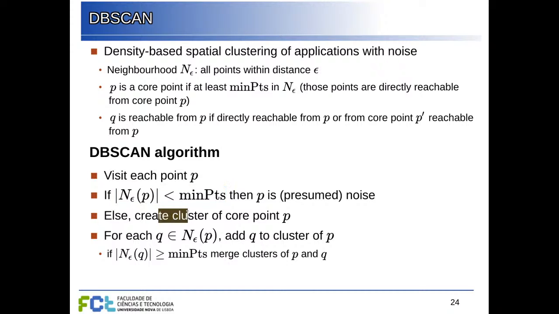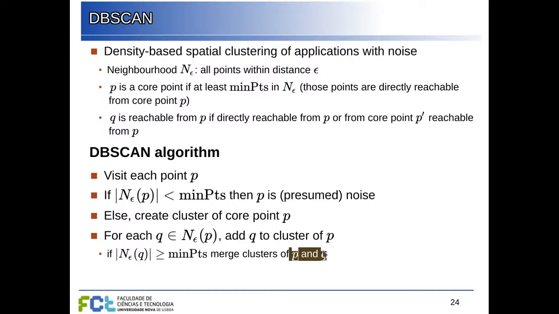And now we create a cluster with the core point P, and all of the neighbors will be added to this cluster. If one of the neighbors, Q, is also a core point, that is, if Q also has at least this minimum number of neighbors, then clusters P and Q are merged into a single one.